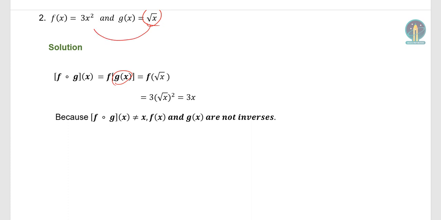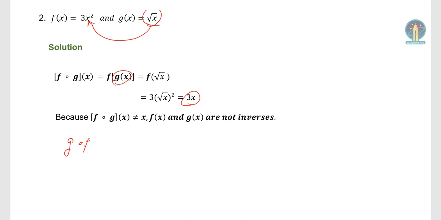So take this, plug in for every x in f, and that's f of g. So it's f of square root of x. So 3 times square root of x squared, so square root of x squared is x, and that times 3 is 3x.